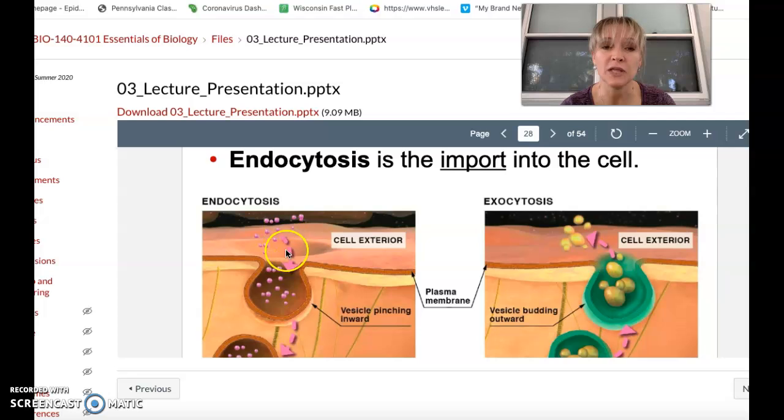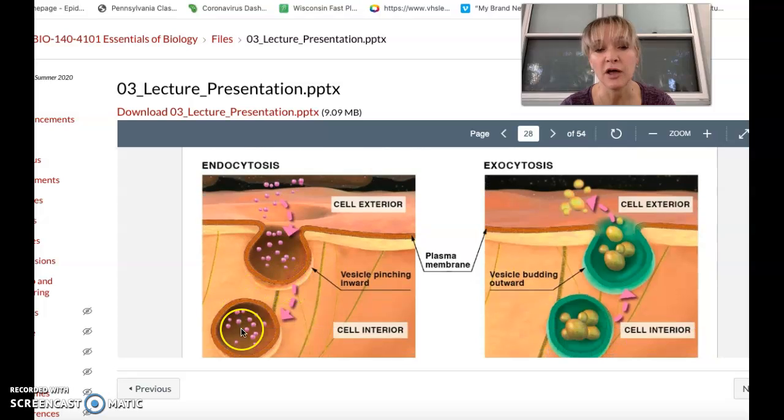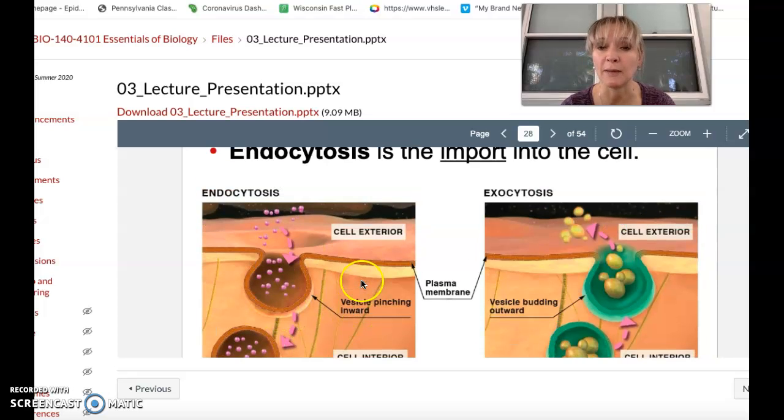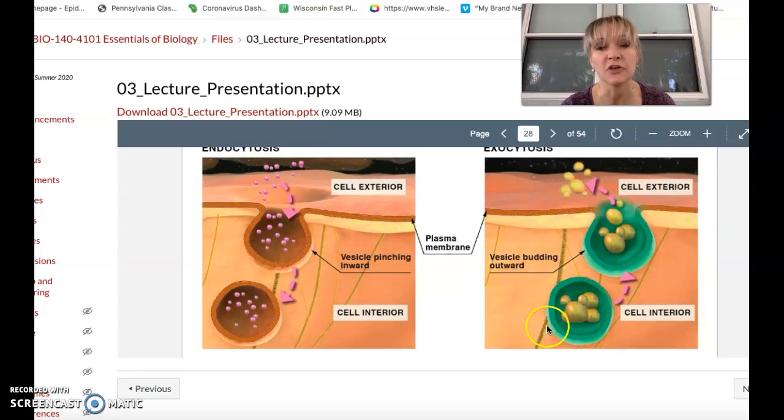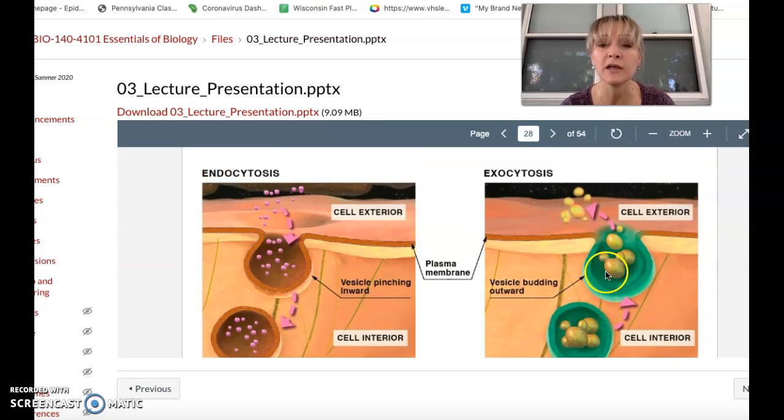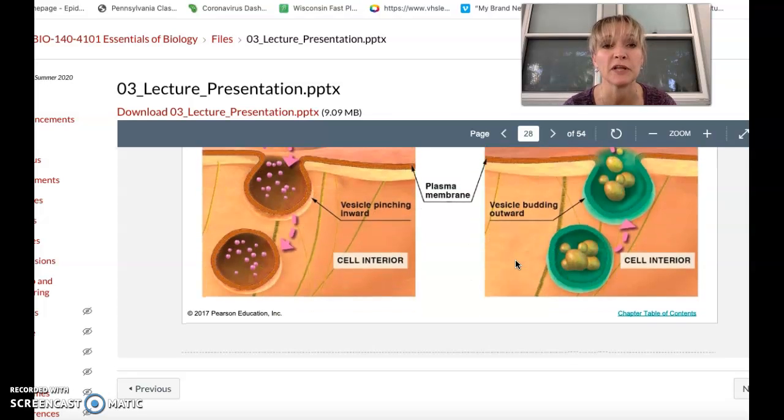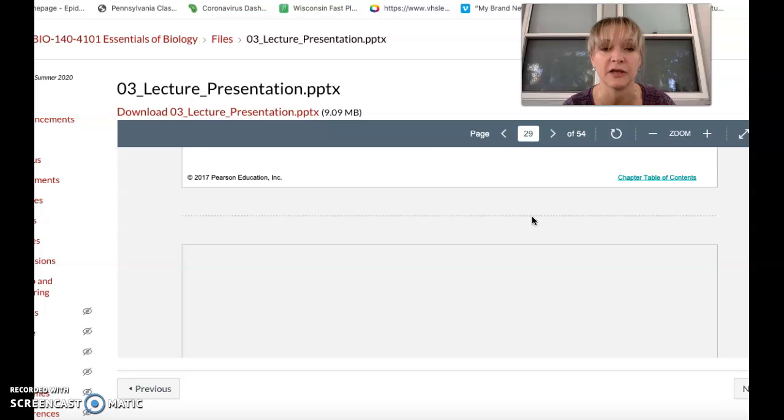If anything needs to go in the cell, like the picture on the left, that's called endo. Endo means in, so going in the cell. So whatever needs to come in, the membrane can actually bud around that, pinch off, and have a little food vacuole perhaps. If anything needs to exit, it's already in maybe a waste vacuole. It comes to the membrane, it opens up and lets it go out. So these are 2 forms of transporting really big molecules in and out of the cells.